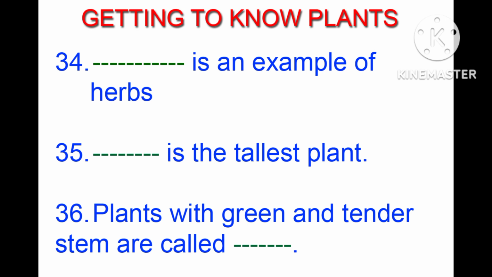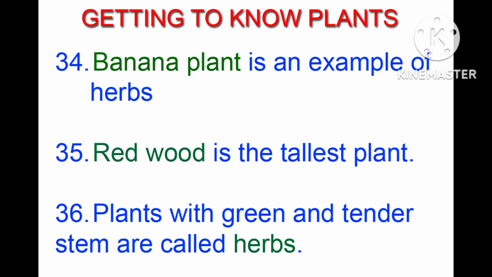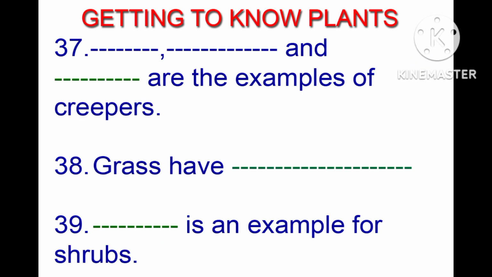36th question. Plants with green and tender stem are called herbs. 37th question. Dash, dash and dash are the examples of creepers. The answer is watermelon, muskmelon, pumpkin. 38th question.